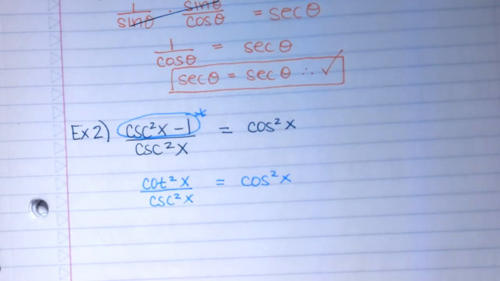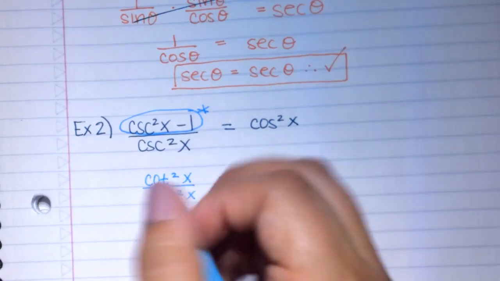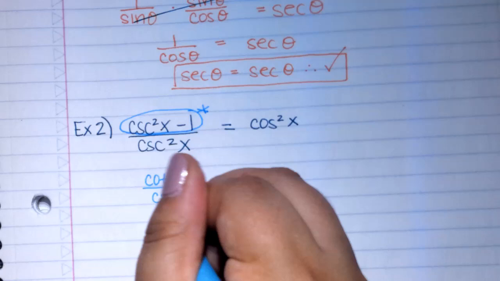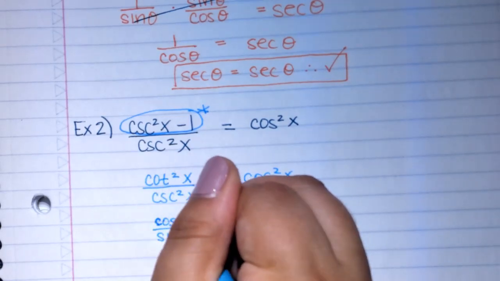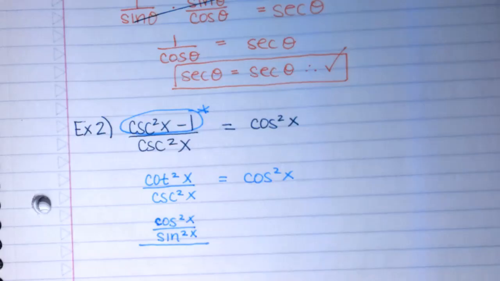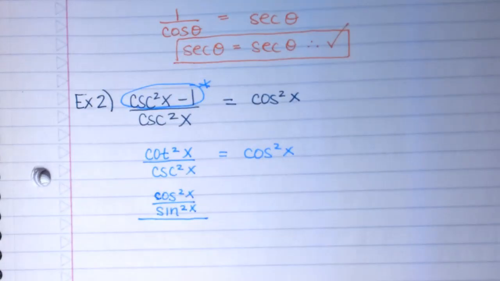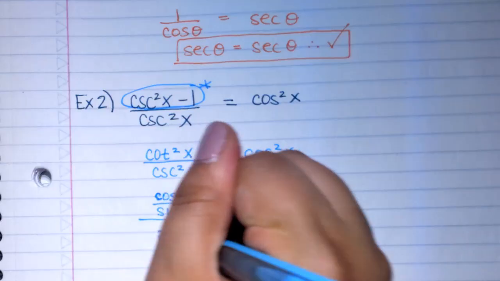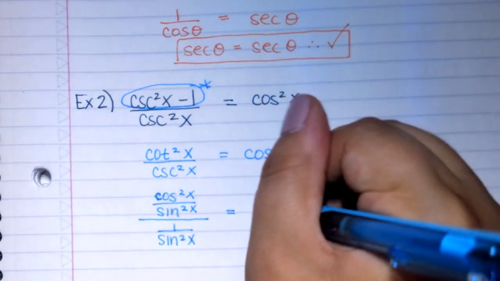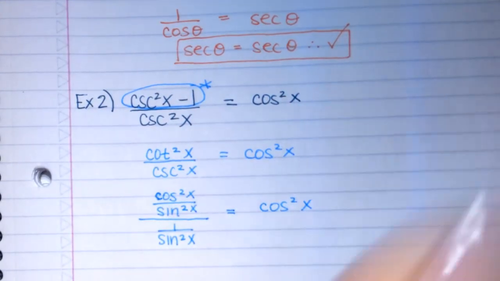Y'all agree with that? Now what? Cotangent is cosine squared x over sine squared x divided by, what's cosecant? 1 over sine squared x. Again, we're not changing the right side at all.